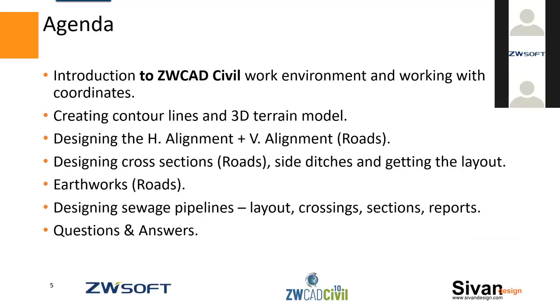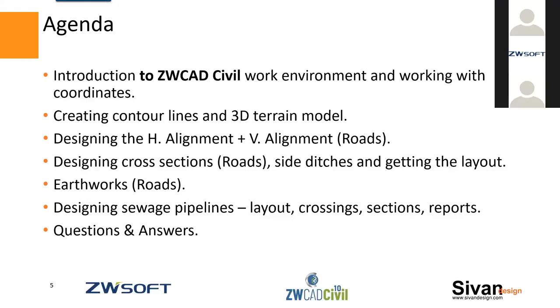In the agenda, I'm going to start with a general introduction to ZWCAD Civil, what it can do, how the system works. I will continue by creating contour lines and a 3D terrain. Then I will design horizontal and vertical alignments of roads, and go into an example of detailed design with cross sections, getting the layout and the corridor. Then I'll generate an earthworks report, and design sewage pipelines.